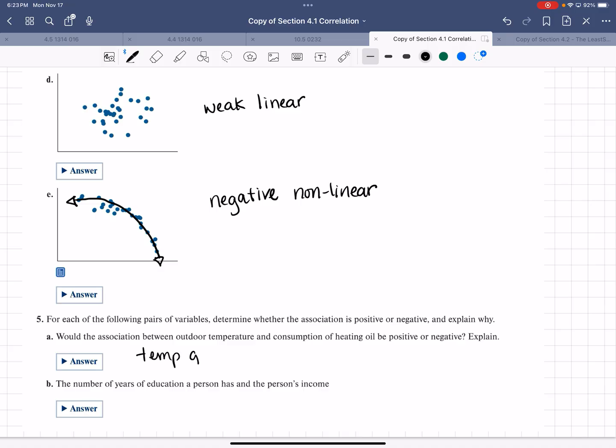Temp goes up, use of heating oil goes down. So if one thing's going up and one thing's going down, so that's one getting larger, one getting smaller, it is negative. Good.